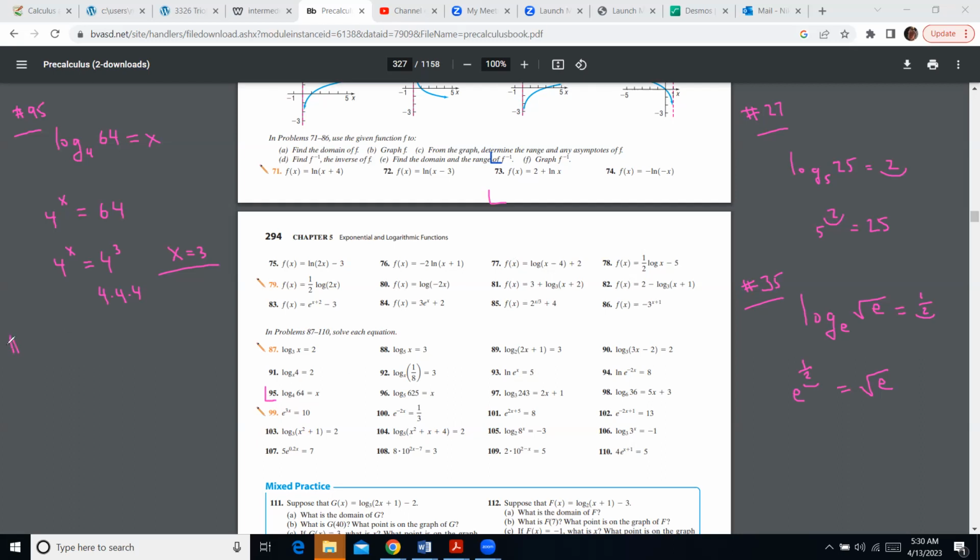How about problem number 93 with a logarithm base e of e raised to the power of x, which is equal to 5? Notice that, instead of ln, this is the way to work it out: rewrite again this e to the power of x.